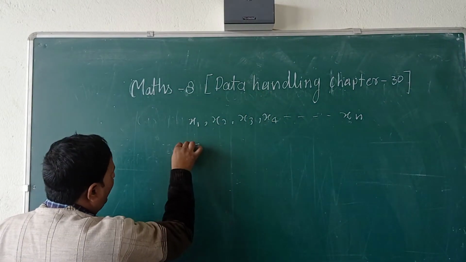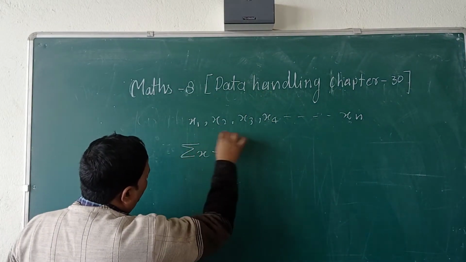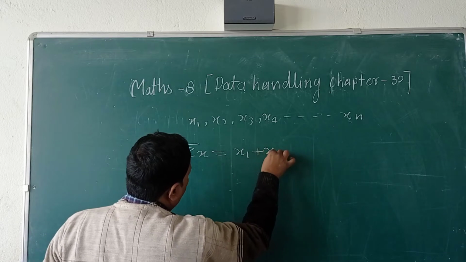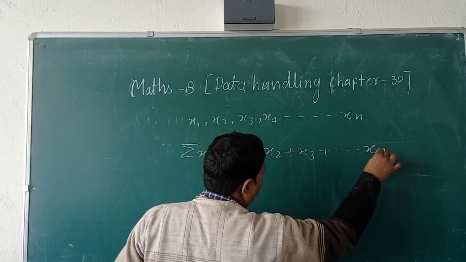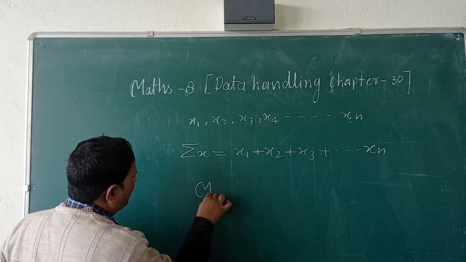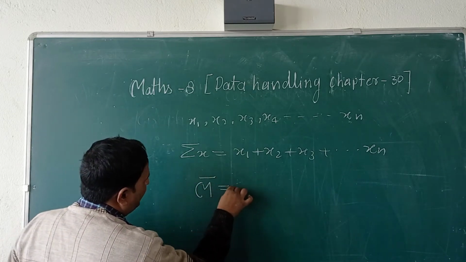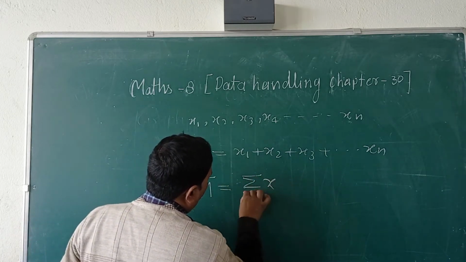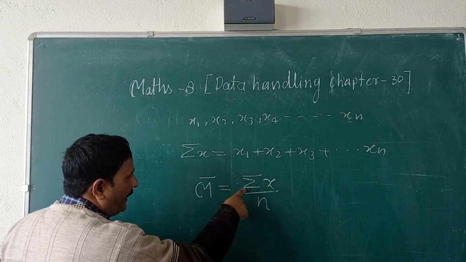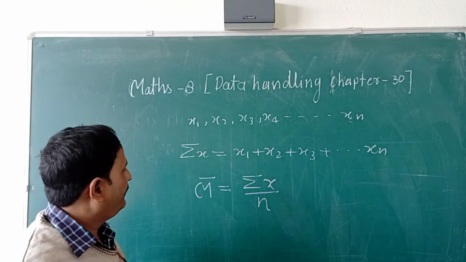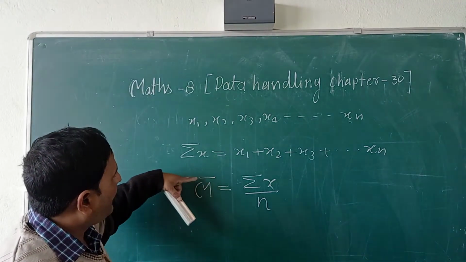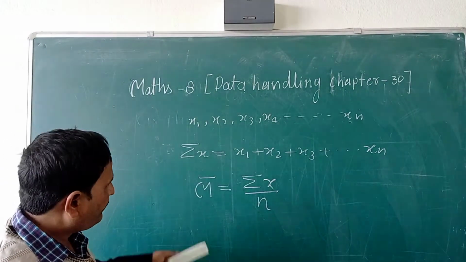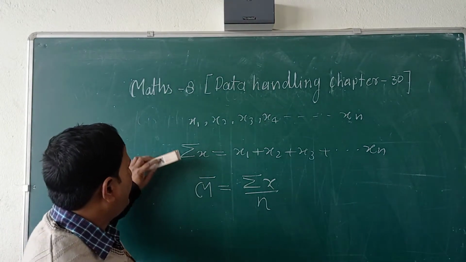Then sigma x means the sum of observations, x1 plus x2 plus x3 and so on up to xn. Then mean is equal to sigma x upon n. Sigma x means sum of observations, n means number of observations. This is the symbol of average or mean, which you have studied already.